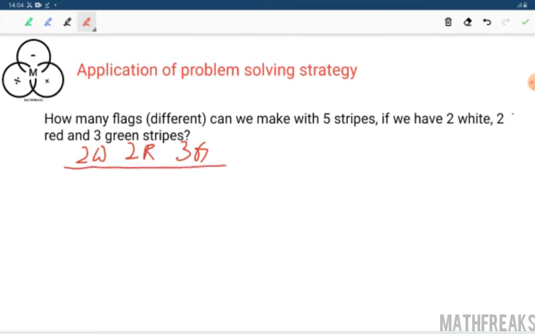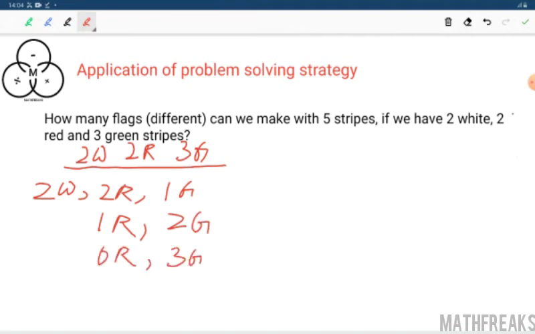Let us sort into cases. We have taken 2 white: 2 white, 2 red, 1 green; 2 white, 1 red, 2 green; 2 white, 0 red, 3 green. All the cases of 2 white.